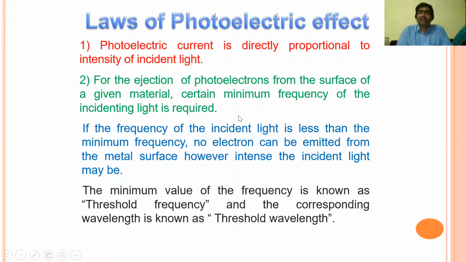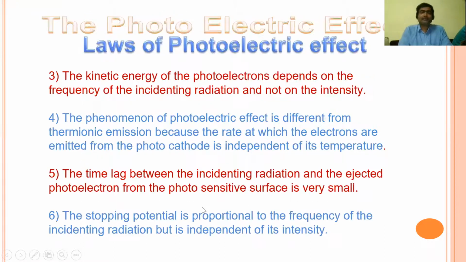Whereas blue light is capable of emitting the electrons because its frequency is more than this threshold frequency. So this particular value of the minimum frequency to eject the electrons is called the threshold frequency.